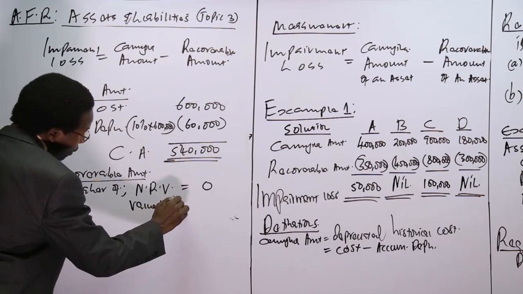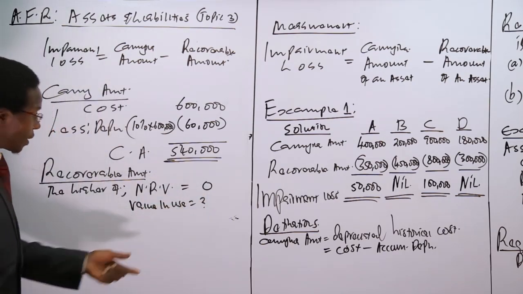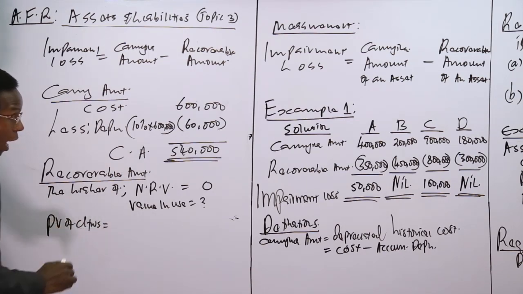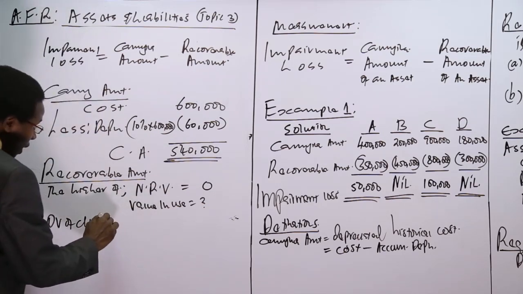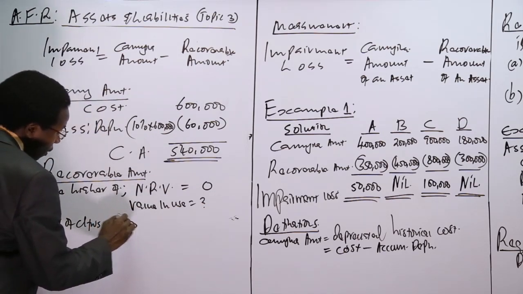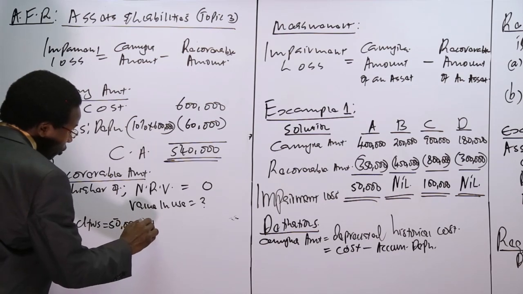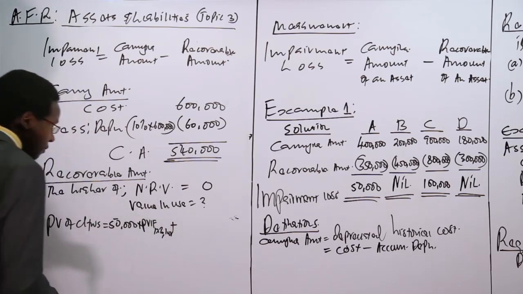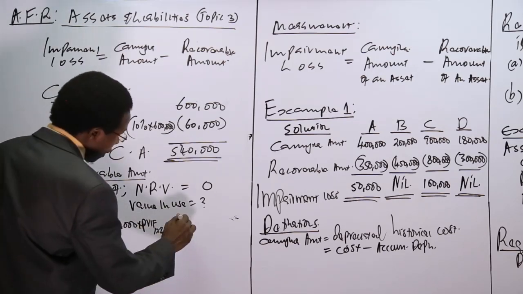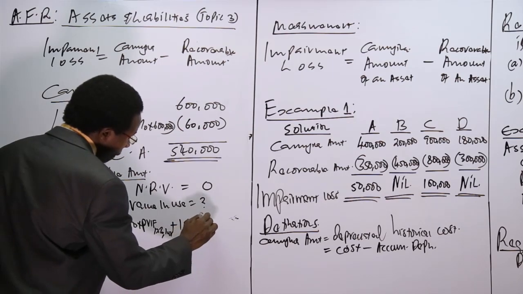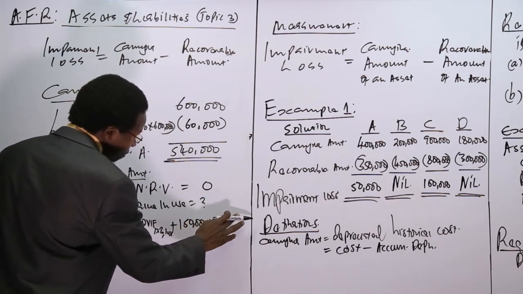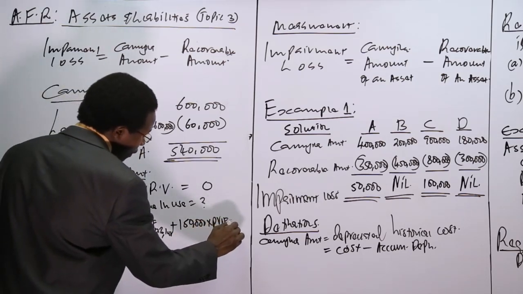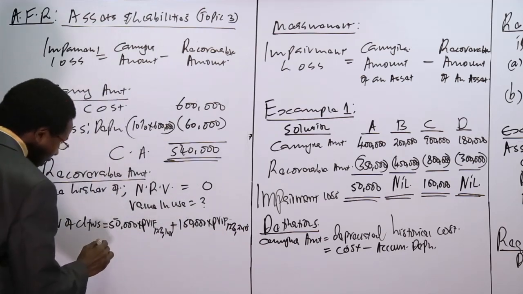The value in use we can calculate because it's the present value of the expected cash flows. It will simply be 50,000 by the present value interest factor for 12% 1 year, plus 150,000 by the present value interest factor for 12% 2 years.